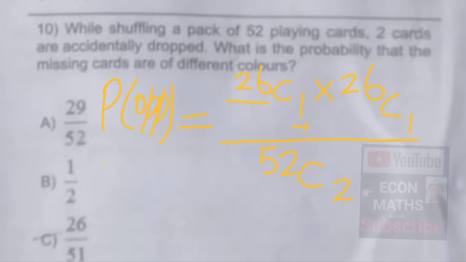So this will come out to be 26 into 26 divided by, the value of 52C2 is equal to 52 into 51 divided by 2, which, when solving this, will come out to be 26 divided by 51.